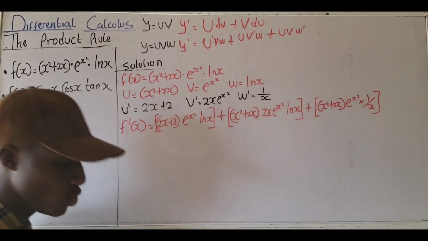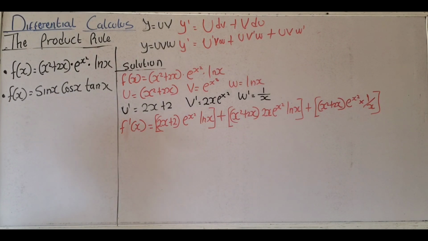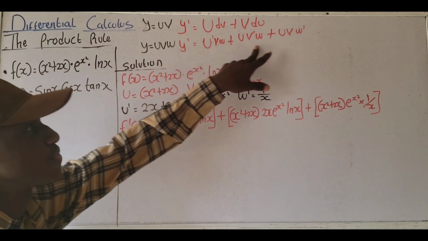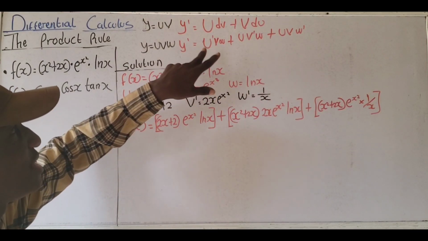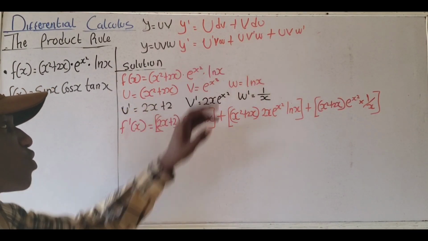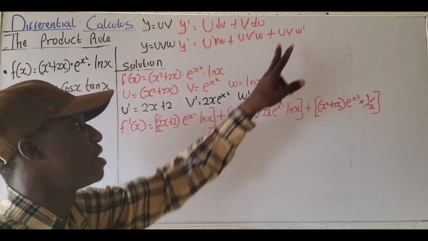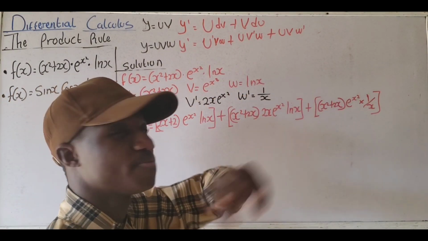Okay? I'm very sure you understood what I did here. I just followed this formula, okay? I differentiate u, keep v and w constant; u, v derivative, w; u, v, w derivative.